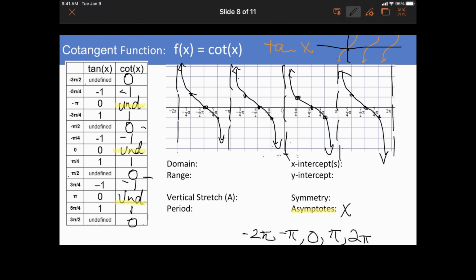So x equals k pi, where k is integers. So the domain is all real numbers, except where x equals k pi, where k is an element of integers. The range is all real numbers.